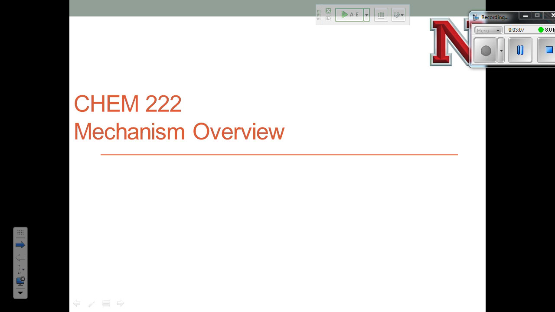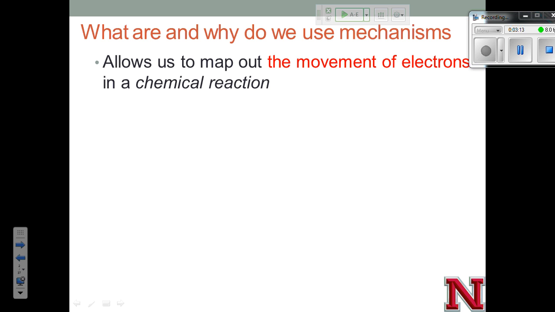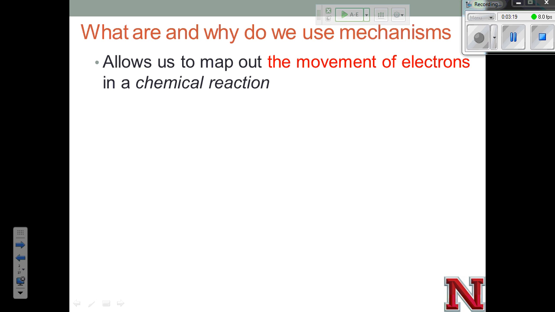So first we're going to talk about a reminder on electrophiles and nucleophiles and what a mechanism is. Remember, a mechanism allows us to map out the movement of electrons in a chemical reaction. That's our purpose of a mechanism. It helps us to understand the products that we're seeing and helps us to predict products if we're using a completely different substrate.